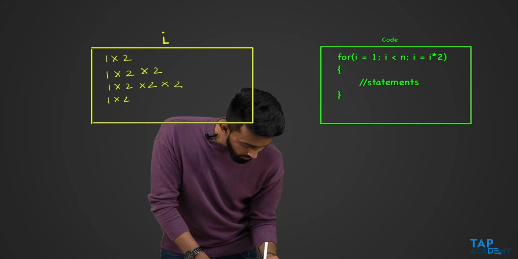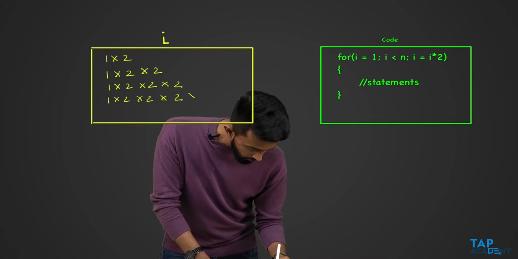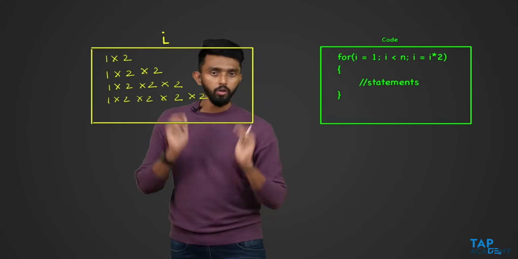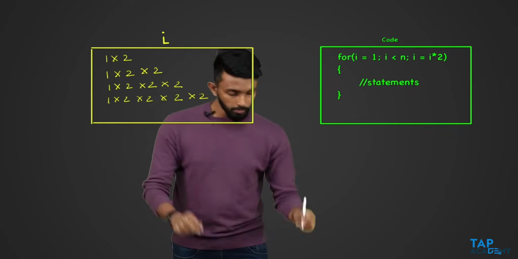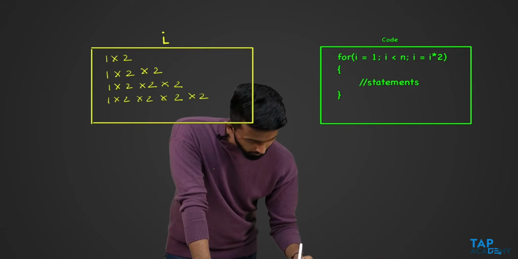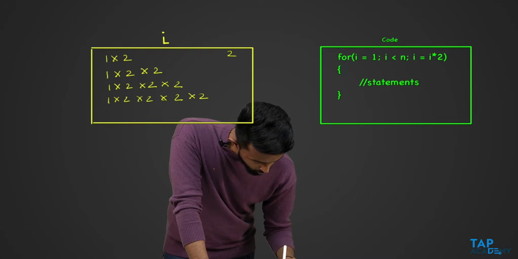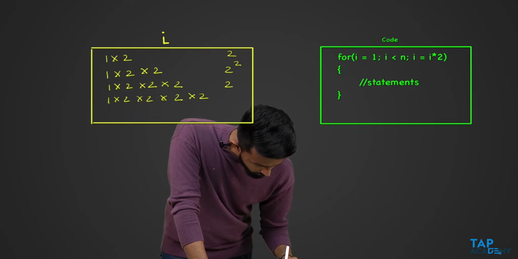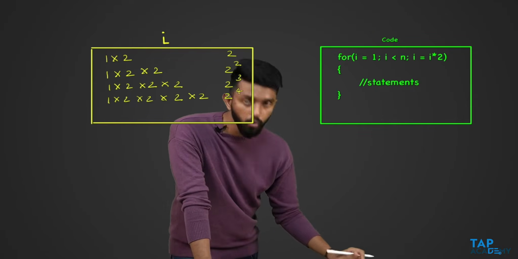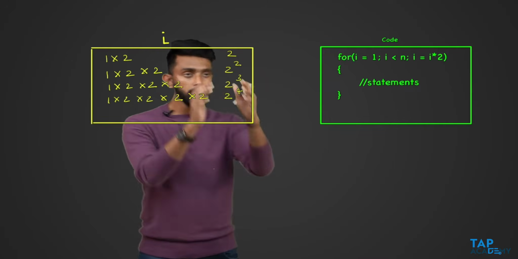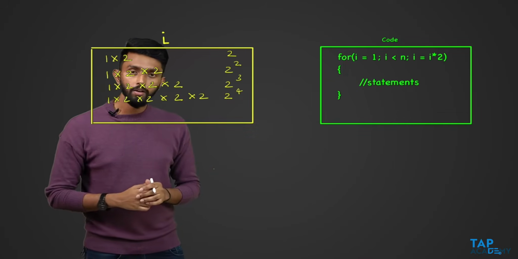Next it will be 1 into 2 into 2 into 2, that is the previous value, into 2. So it is going to continue like that. A more simplified form would be, I can write this as 2, I can write this as 2 to the power 2, I can write this as 2 to the power cube or 3, I can write this as 2 to the power 4. Would you agree that this is one way for me to write it?